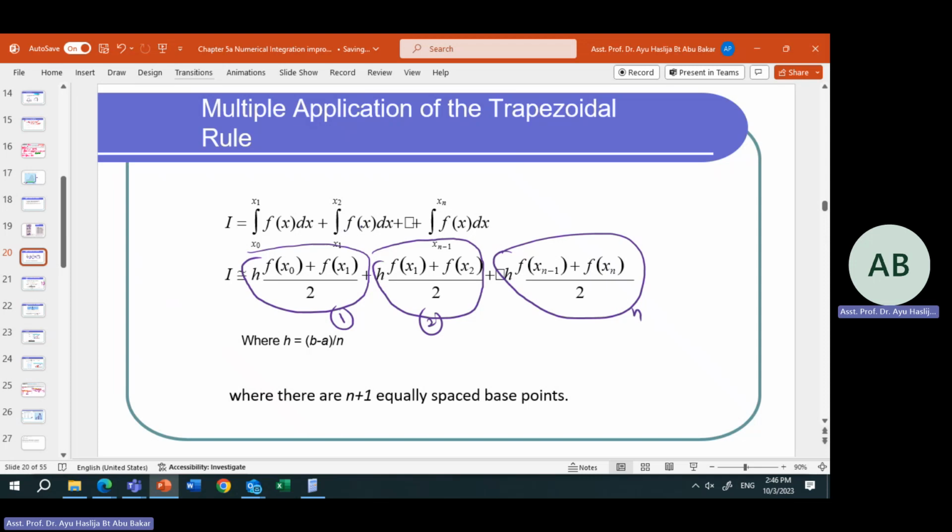Okay, when you have multiple, you'll see h over here. H here is the step size, where the equation to find the step size is this one, b minus a over n. Okay, this is the h.